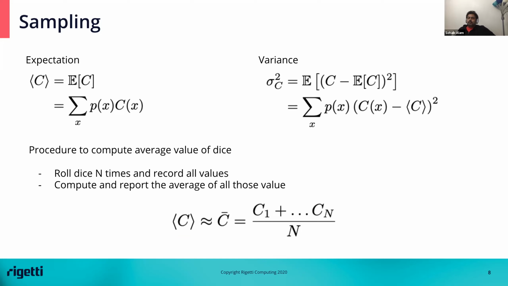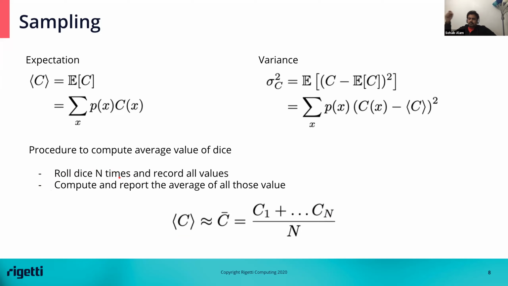Here's maybe a more concrete way of thinking about the same thing. Empirically, experimentally, how would we compute the average value of rolling some dice? We might follow this procedure: roll a dice some particular number of times, n times, and record all the values, right?